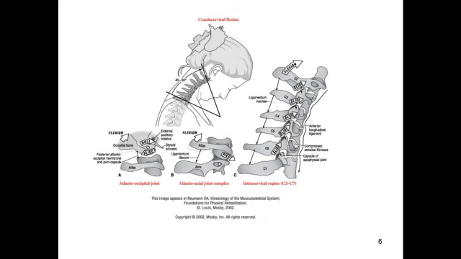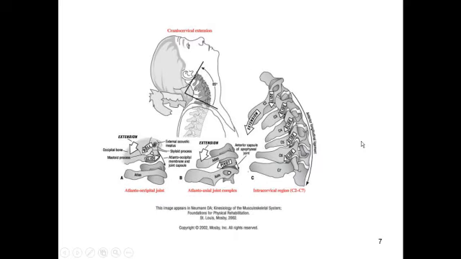So when we flex, the facet articulations of the superior vertebra are sliding up and forward on the superior facets of the inferior vertebra. So that's a lot of superiors and inferiors, but essentially the facets are kind of sliding up and forward. That is going to gap or open the intervertebral foramen, and it also decreases compression on the facet joint surfaces.